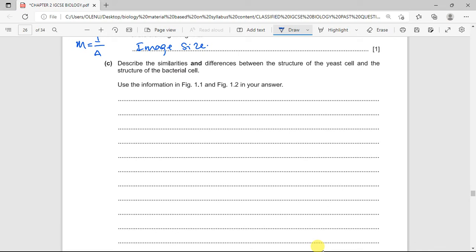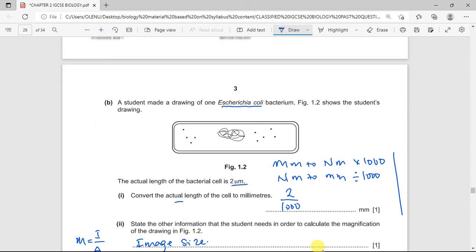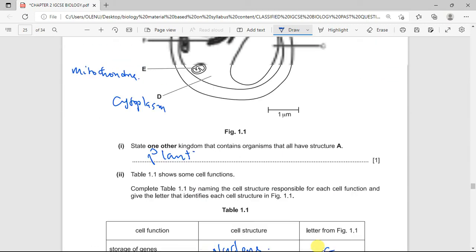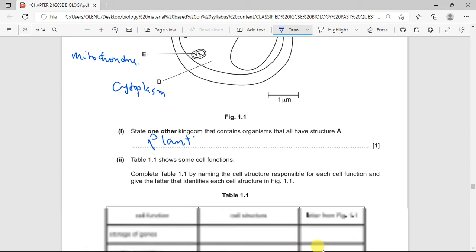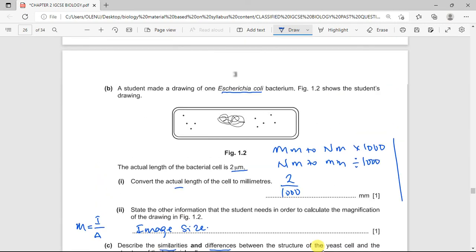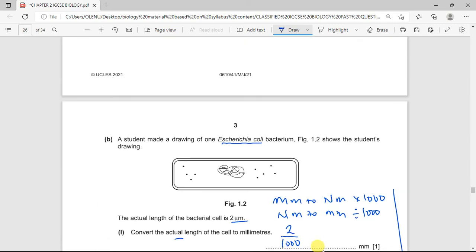Describe the similarities and differences between the structure of the yeast cell and the structure of the bacterial cell. So this is the yeast cell and this is the bacterium cell. What you should do also is label it.